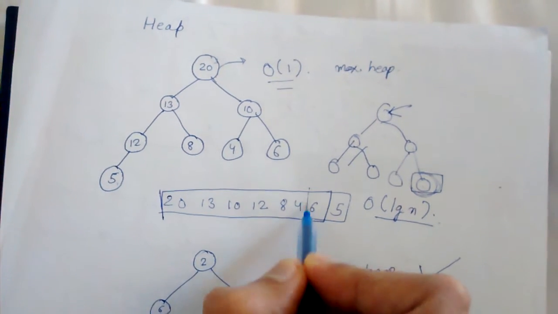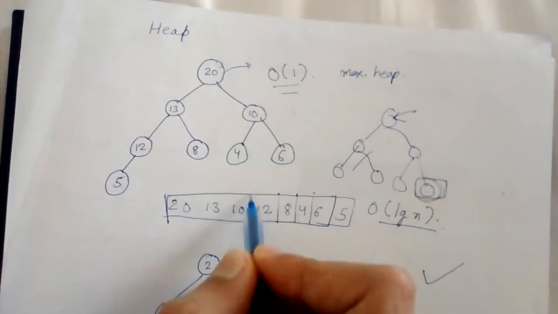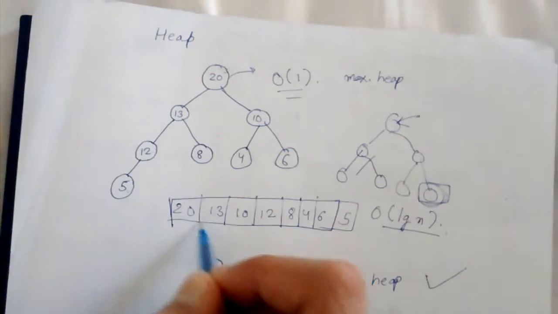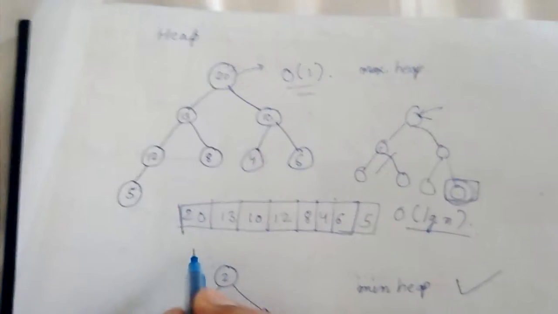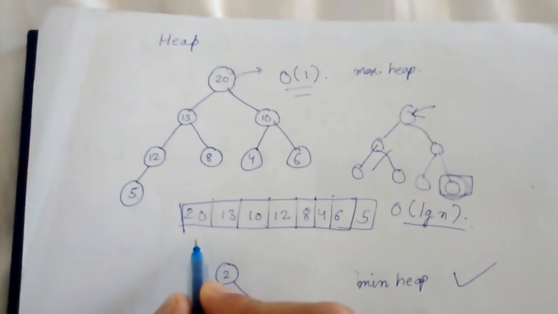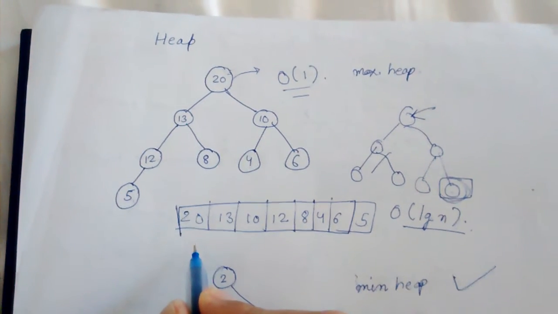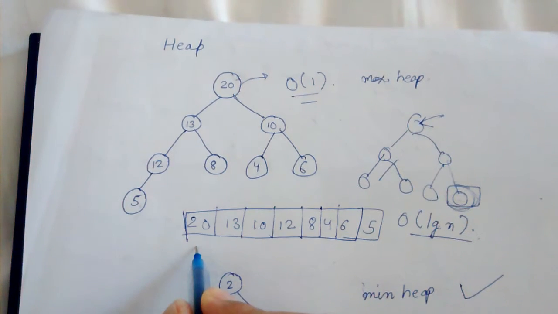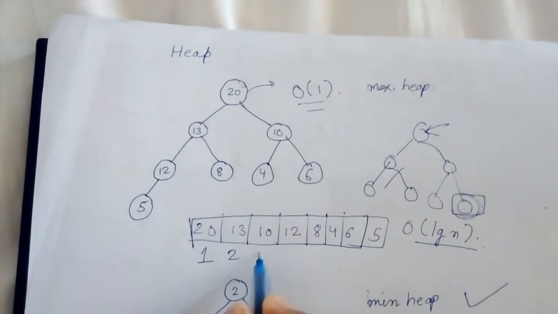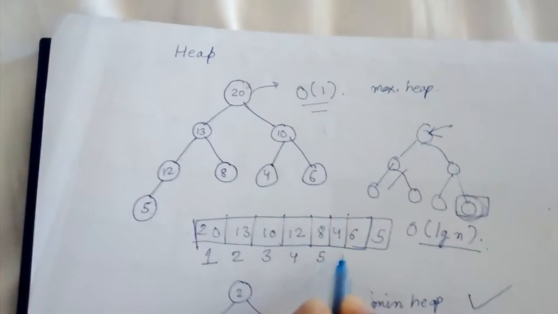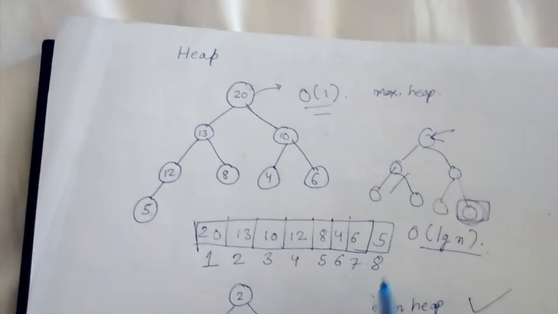So these are the elements. Using one based indexing, in most programming languages 0 based indexing is followed, but we will use one based indexing for convenience: 1, 2, 3, 4, 5, 6, 7, 8.